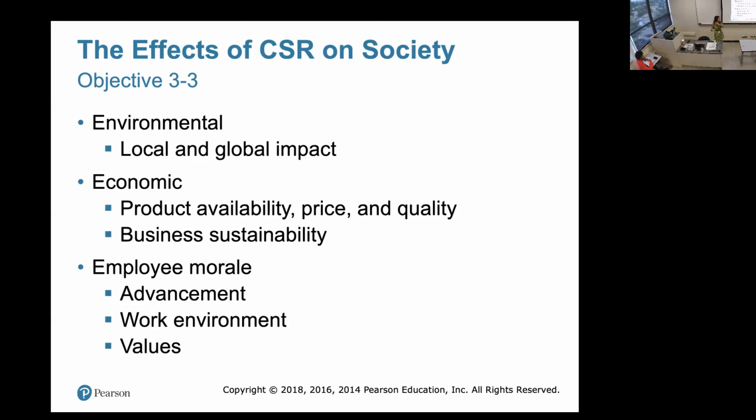So you're more sustainable, right? Employee morale: of course, you provide advancement to employees, provide a safe and friendly work environment, and have values in place that all of your employees, no matter what level they are, will follow.